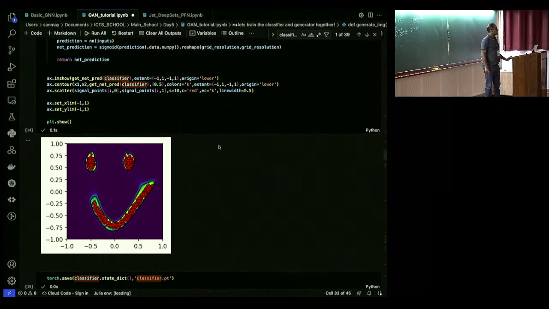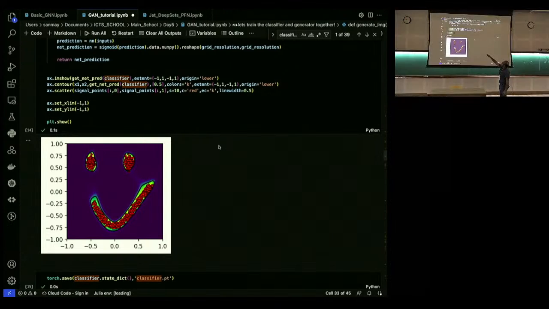Then we again make some test data and ask the classifier, when the data points are in this region, what is the score it's predicting. If the data points are lying in this region where our probability distributions are, we make a color plot where the score is greater than 0.5.